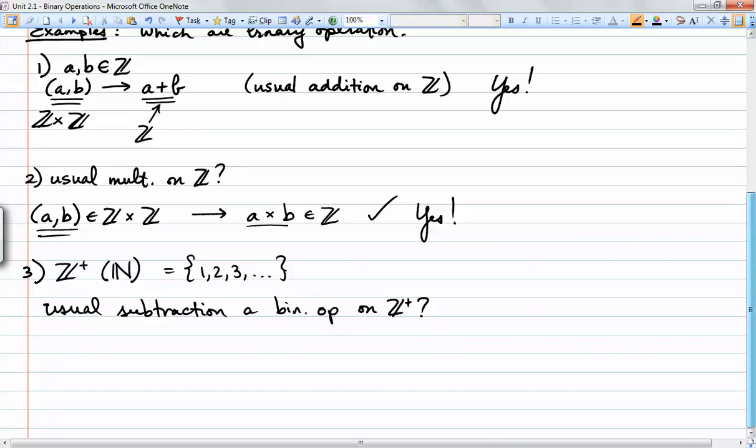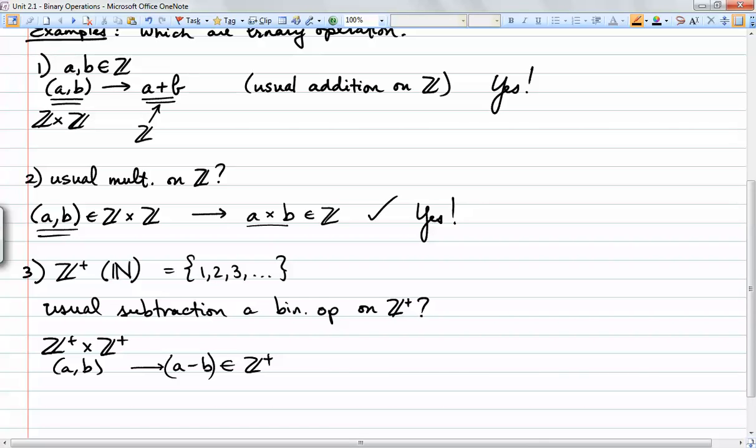Okay, so that means that I can take any pair out of Z plus cross Z plus and subtract them, A minus B, and that's supposed to be in Z plus again.